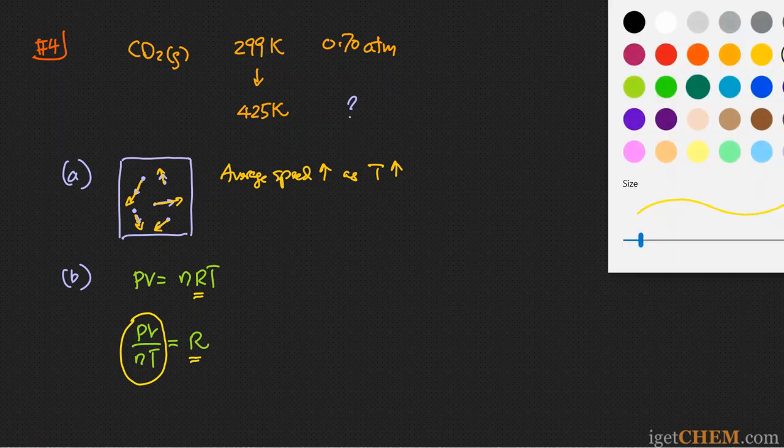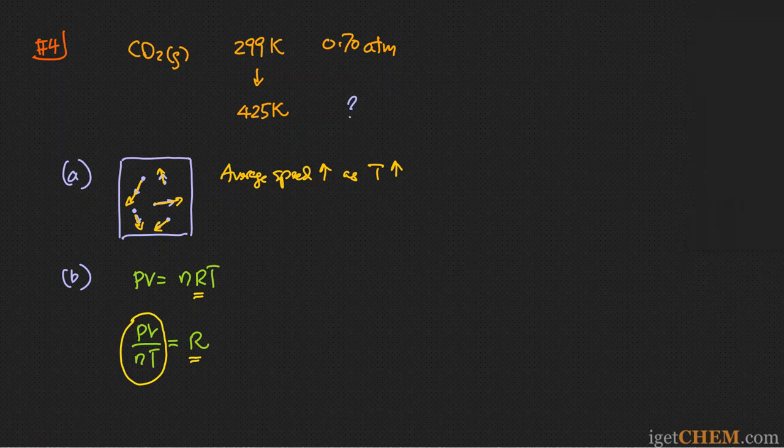So if you look at this problem, we are only changing the temperature. So what that means is the volume is fixed and the number of moles is fixed. And because of that, what we can do is just rewrite that equation as P2 over T2, because n and V are constant, and that must be equal to P1 over T1.